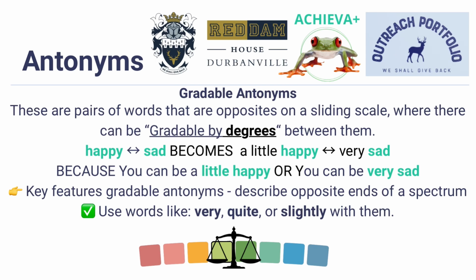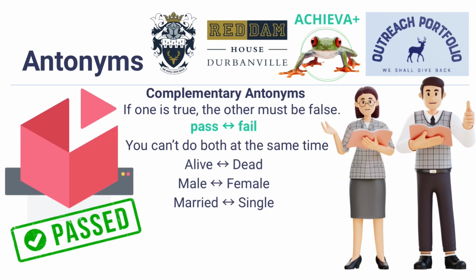Let's look at gradable antonyms. These are pairs of words that are opposites on a sliding scale where they can be gradable by different degrees between them. Happy versus sad becomes a little happy versus very sad, and all the gradients between these emotions.